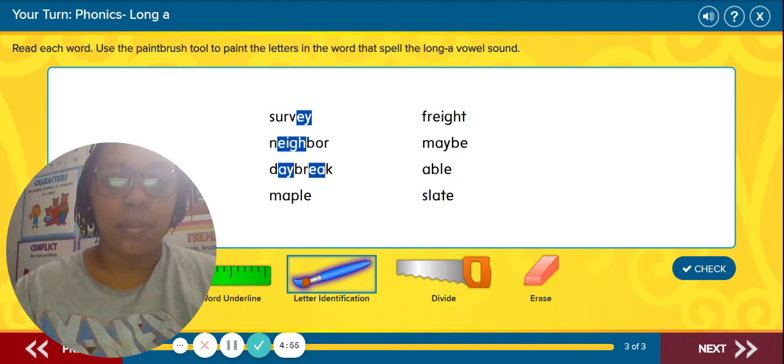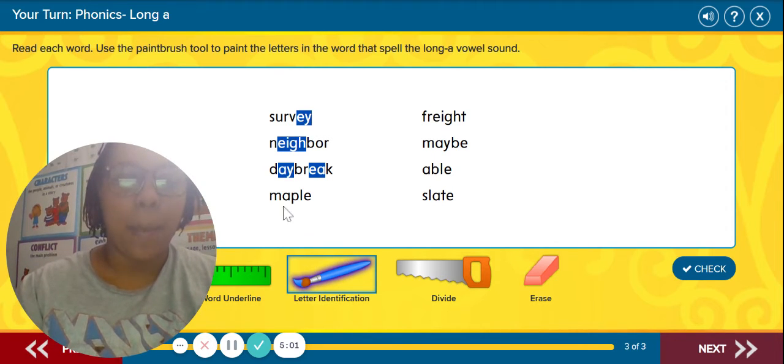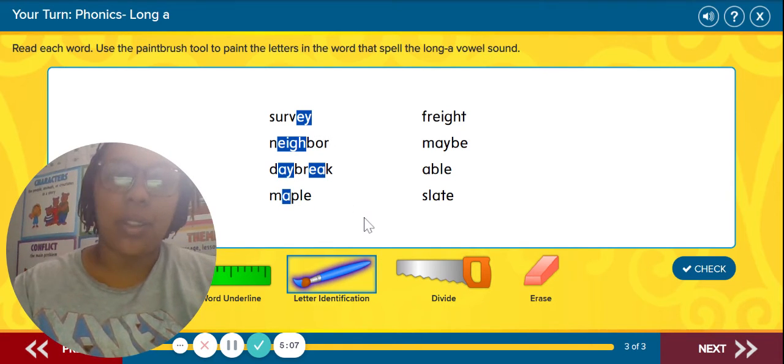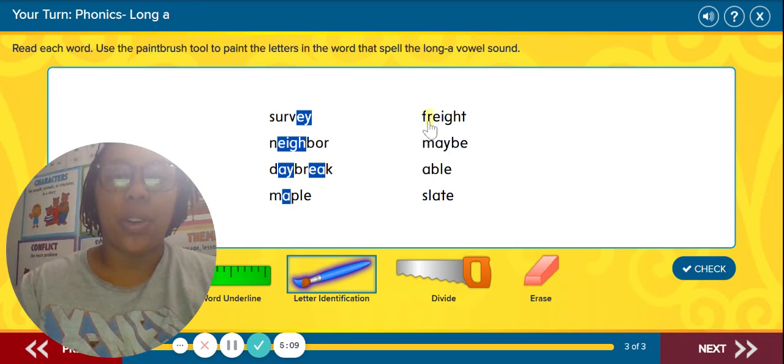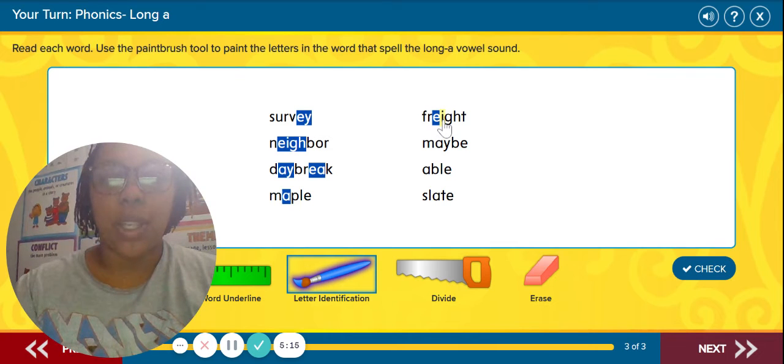Next one is, that silent E is kind of far, so this is probably one of my closed syllables. Apple, maple. All right, let's go to our next word. Freight, freight, like a freight train. I'm going to highlight, you guessed it, EIGH. Next one is maybe.